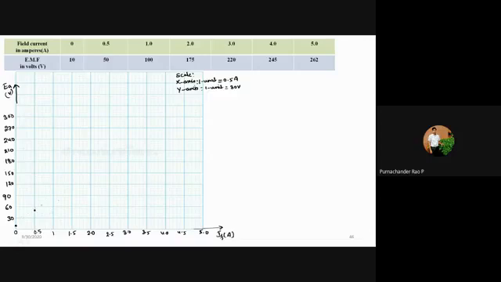Next one, 1 ampere. For 1 ampere it is going to be 100, so this is 90, 96. I will take a point here. The next one is for 2 amperes.